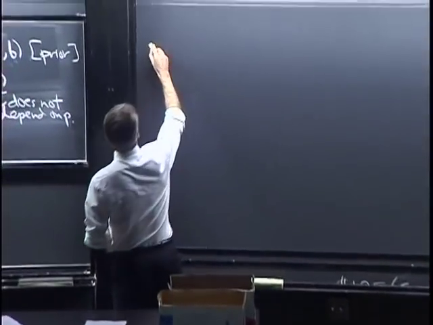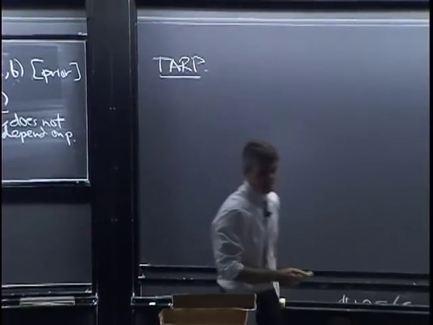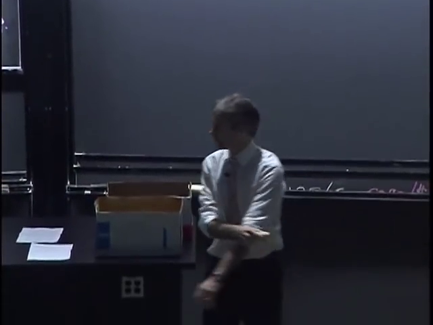Okay, so the second one is TARP. When I said this course is applicable, hopefully this gives some flavor of how it is applicable to what really goes on in the financial world, and whether you're interested in it or not, it certainly is an important part of the US and the world.